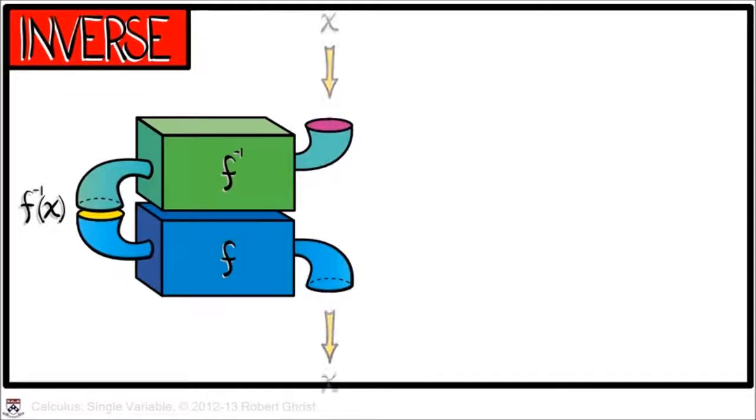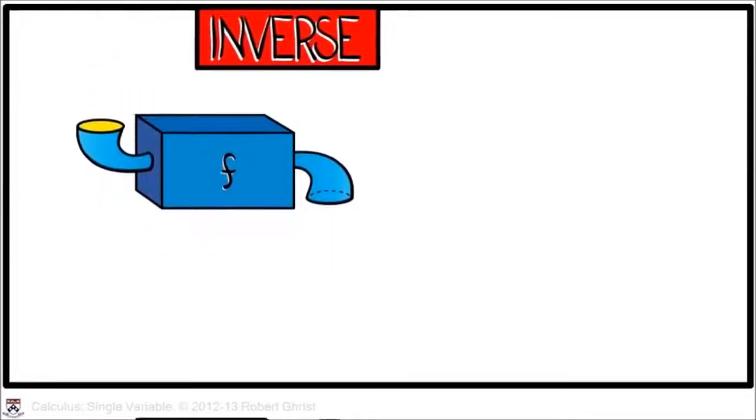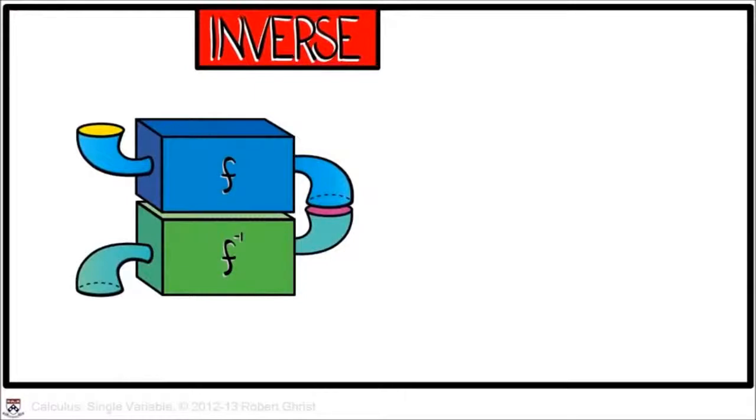And now, one can also run this in reverse. If you do f first and then f inverse, one again obtains x. That means that intuitively, f inverse is the machine that undoes whatever f does.